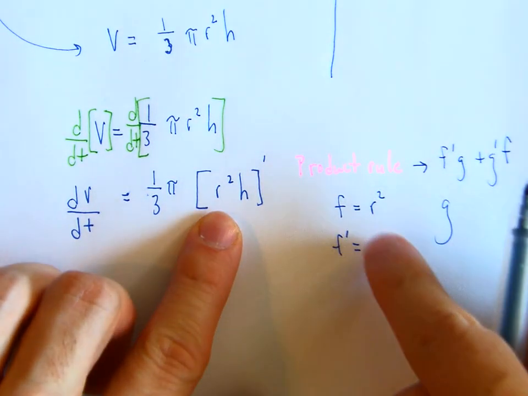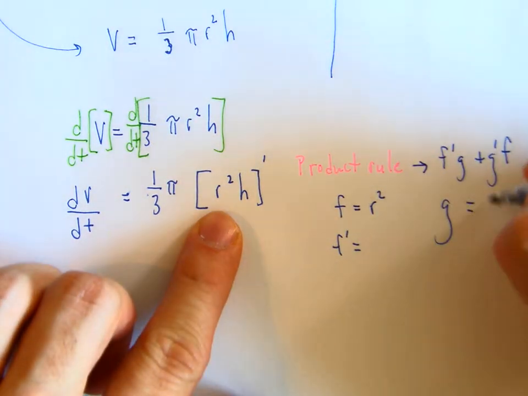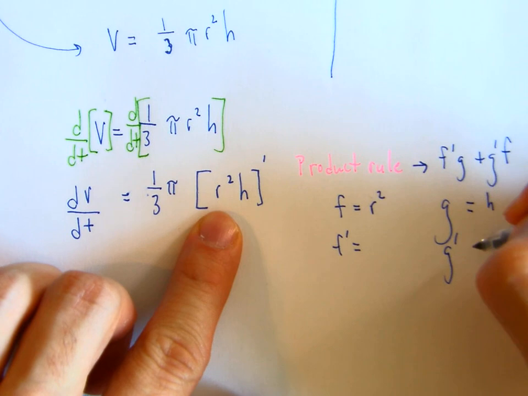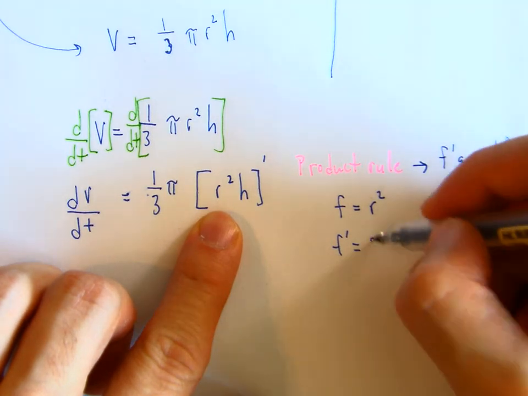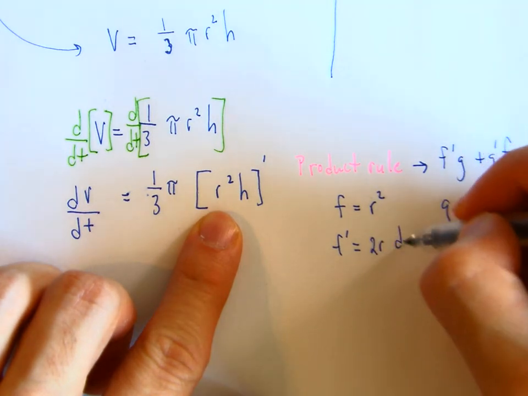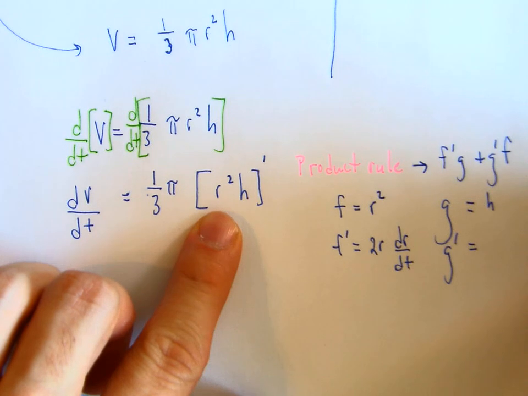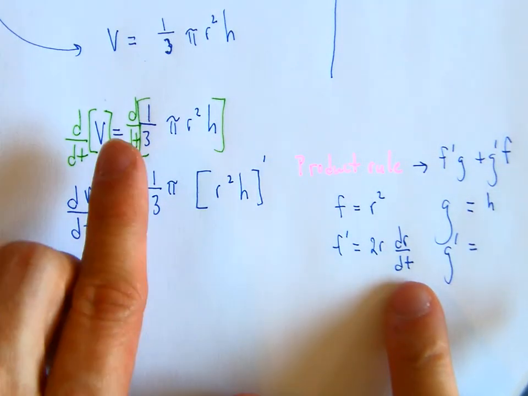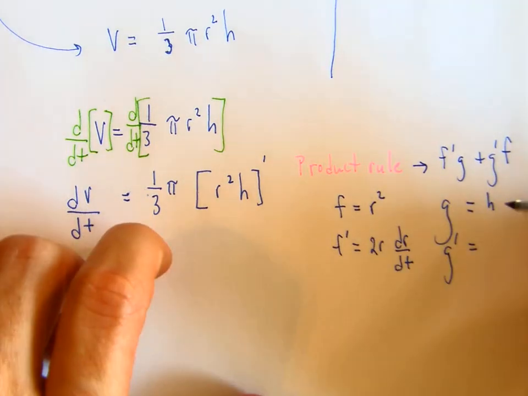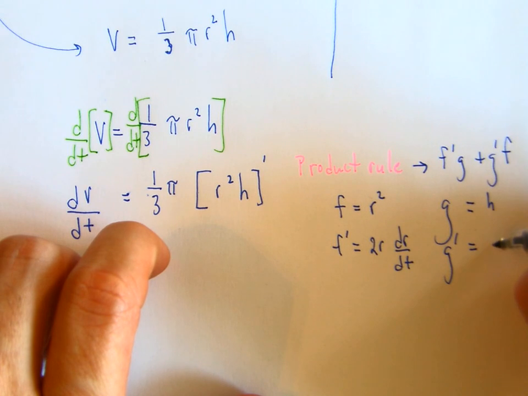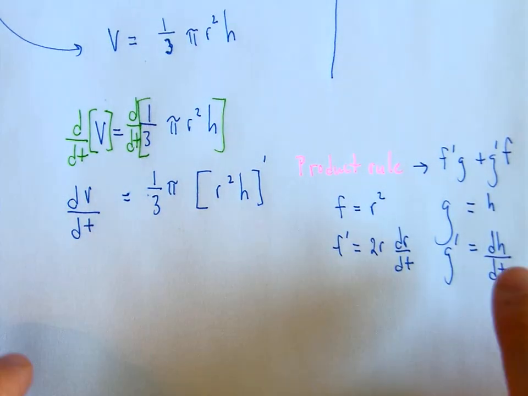Try and pause the video and try and do this by yourself. What's the g? It's h. So f prime is going to be 2r dr/dt, because you're taking the derivative with respect to t. And what will be the derivative of h? It's dh/dt.